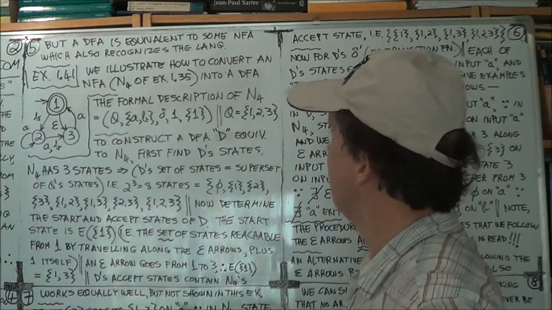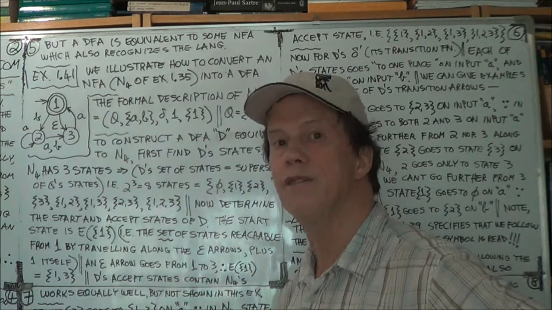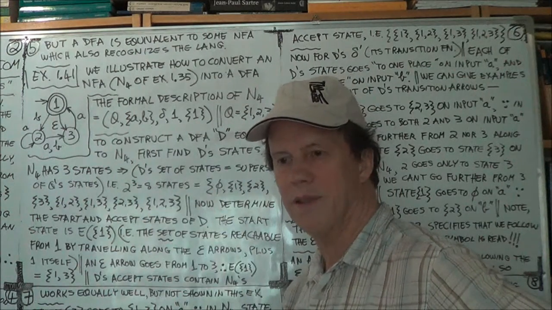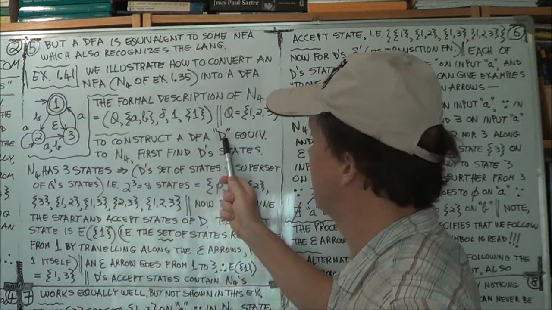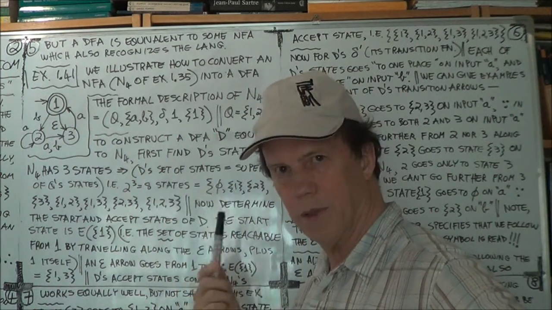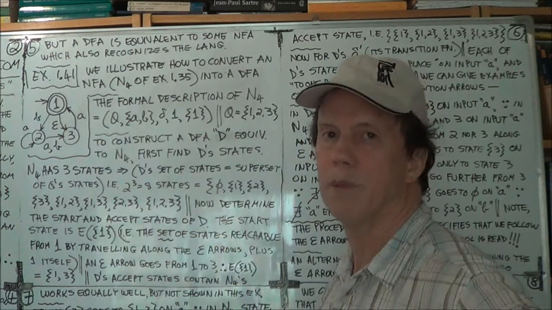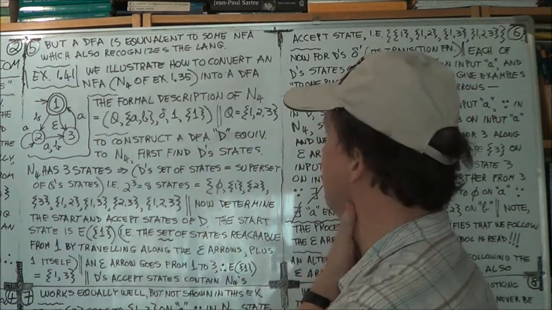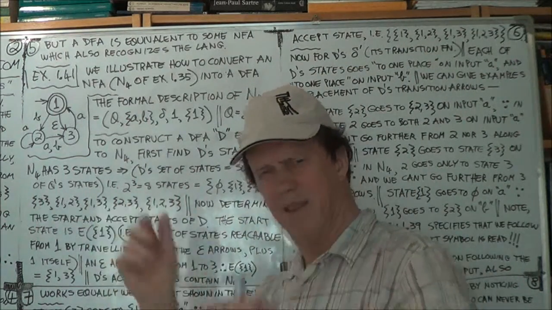Now we're going to construct an equivalent DFA, and to abbreviate things we'll just call it capital D. This automaton that we will create, we'll just call it D, because we'll be constantly referring to this equivalent DFA and that gets dull.